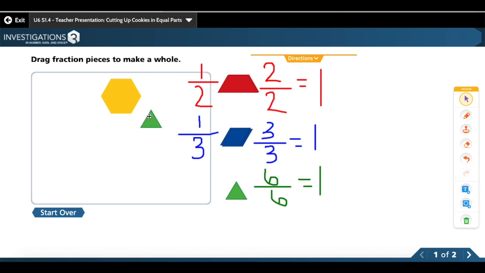What about if I put 1 triangle? I know that 6 triangles equal 1 whole hexagon. So what would my fraction be for 1 triangle in my hexagon? It'd be 1/6.